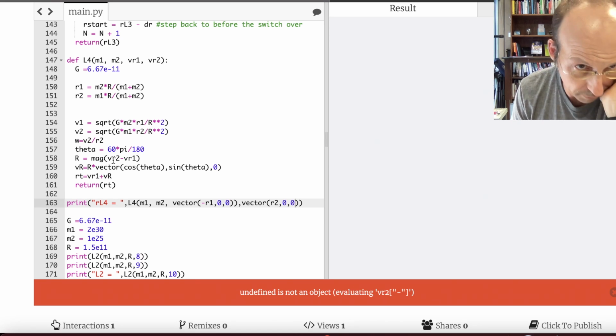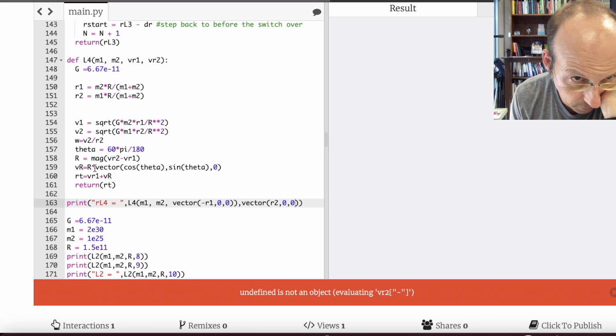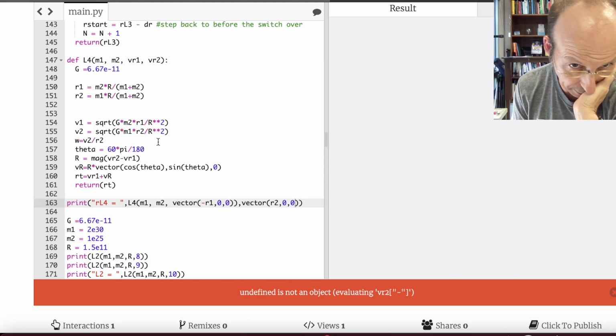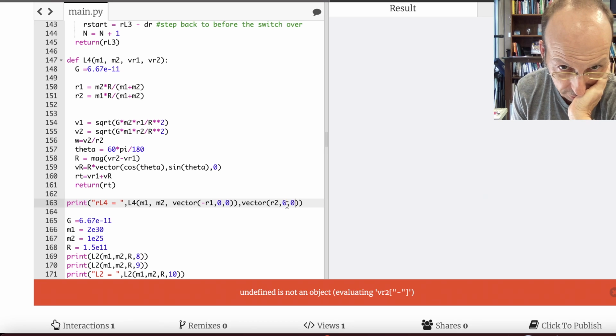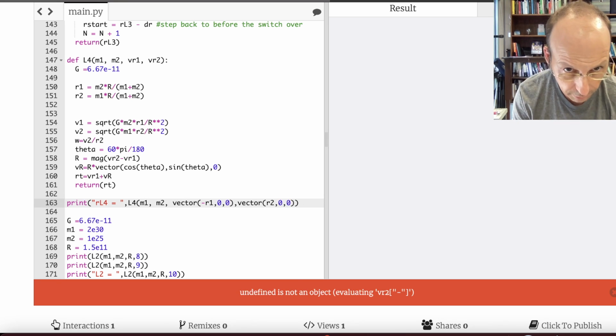R times cosine theta, VR1 plus VR, VR2. I passed it in there. Vector R2, 0, 0. Oh, that's why. This should not be there.